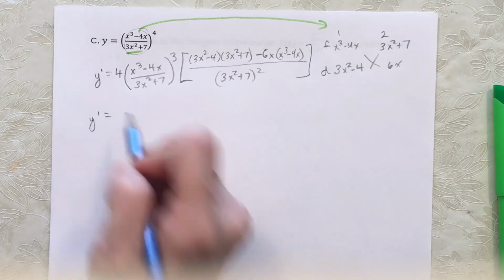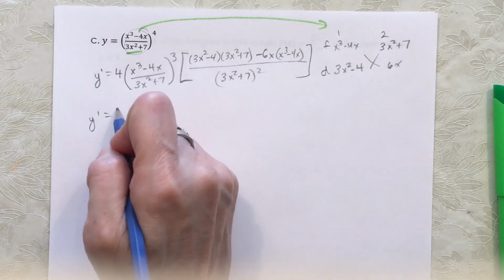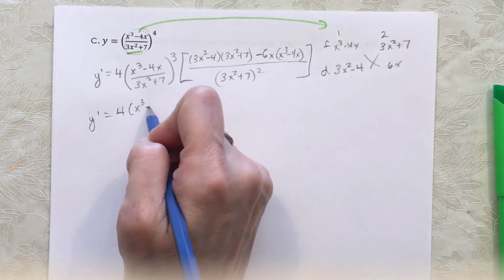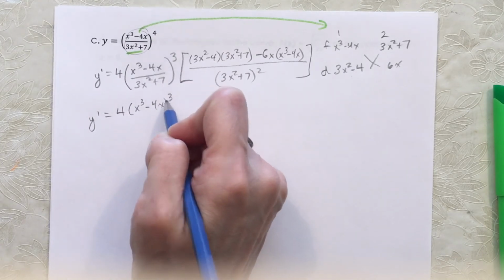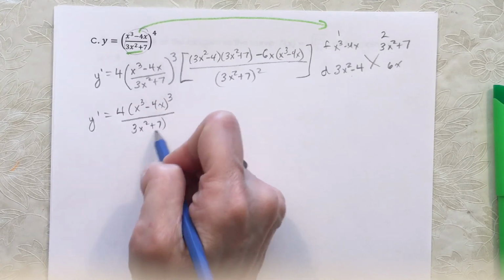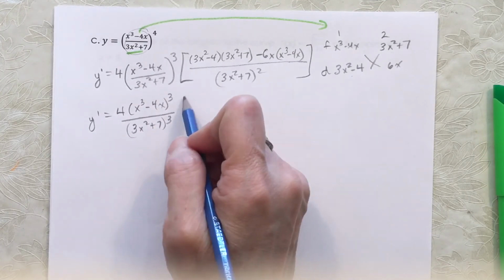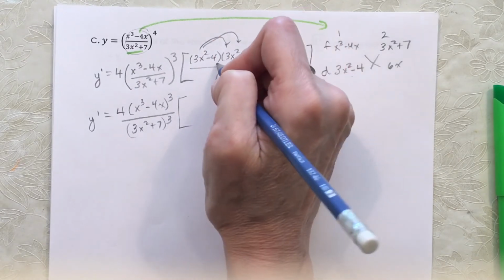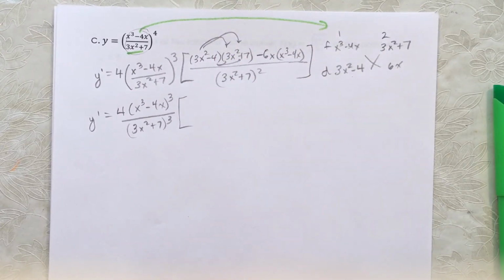And now we just have to simplify. So I'm going to rewrite this, that's all to the third, as x cubed minus 4x to the third over 3x squared plus 7 to the third. And then here I've got a FOIL to do in the numerator.